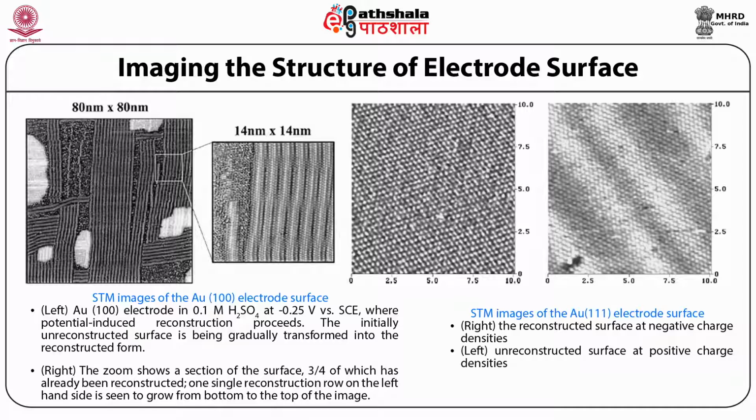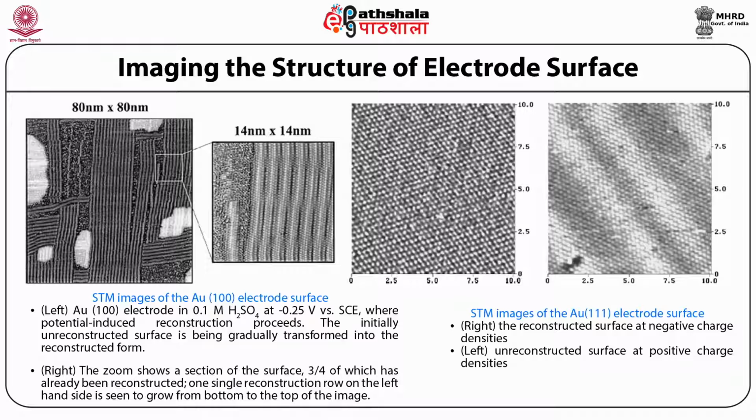The figure on the right deals with the gold 100 plane, the left side deals with a gold 100 electrode in 0.1 molar sulfuric acid at minus 0.25 volt versus saturated calomel electrode, where potential induced reconstruction proceeds.